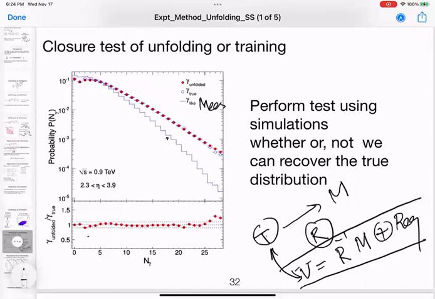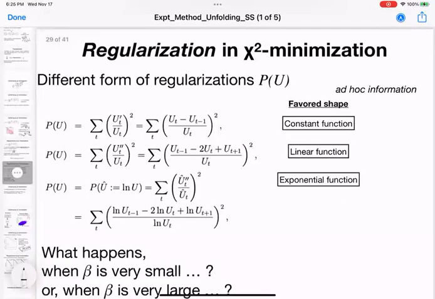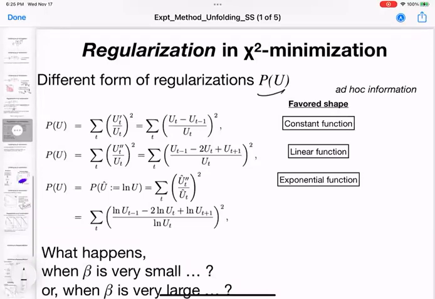One can see that within 10%, we can reproduce the true distribution using this Monte Carlo simulation. So this is a closure test, and in this closure test, we also have to tune these different regularization terms, and also the beta terms.